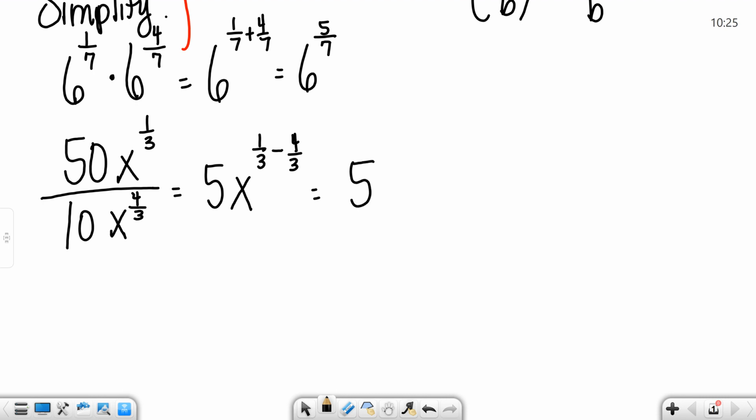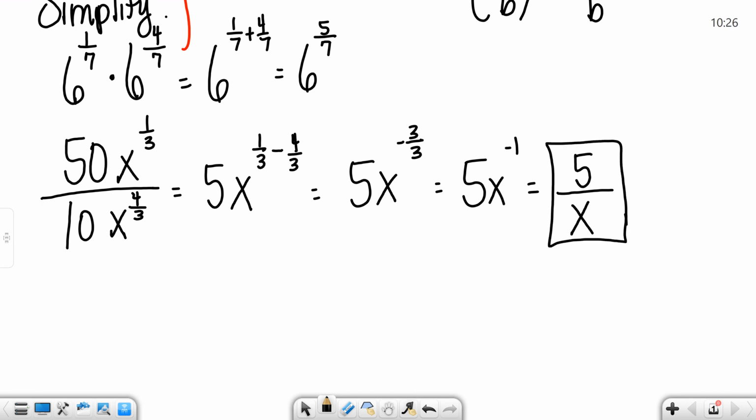So this gives me 5x to the -3/3. Well, I can simplify 3/3. That's -1. Now that -1 means put it in the denominator, but the -1 is only on the x. So the x goes to the denominator, but the 5 does not.